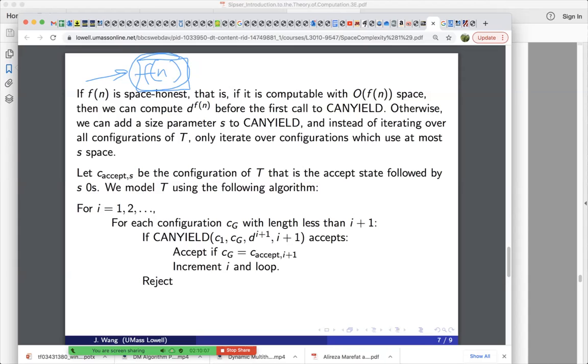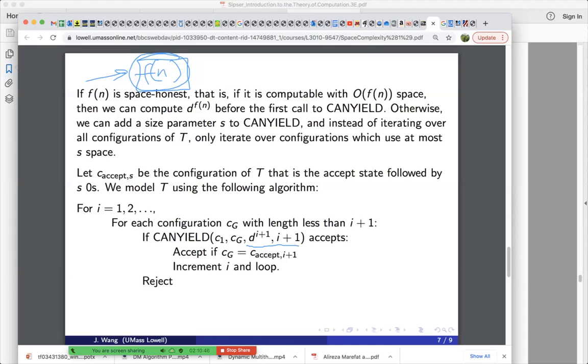For each configuration CG with length less than i plus 1, if CanU C1 CG, that means I can go from C1 to CG in d to the i plus 1 steps within i plus 1 space. So this is time, this is space. This is how we make the connection of time and space here. Very clever.